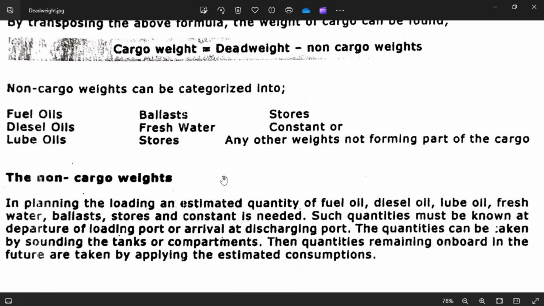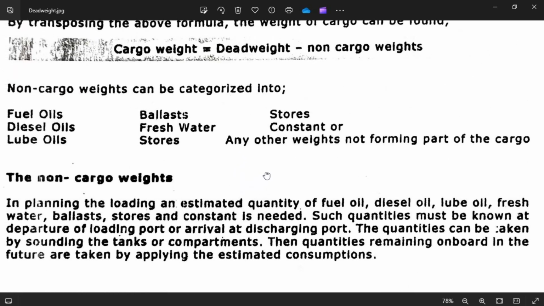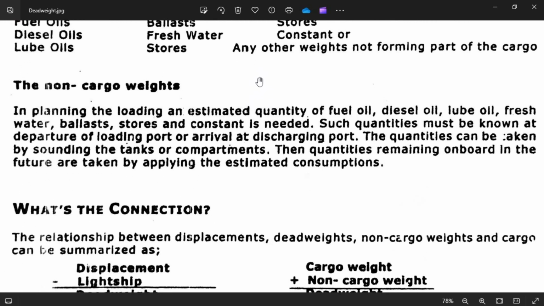Now, non-cargo weights are categorized as follows. These are all non-cargo weights: fuel oils, diesel oils, lube oils, ballast, freshwater, stores, constant, or any other weights not forming part of the cargo.